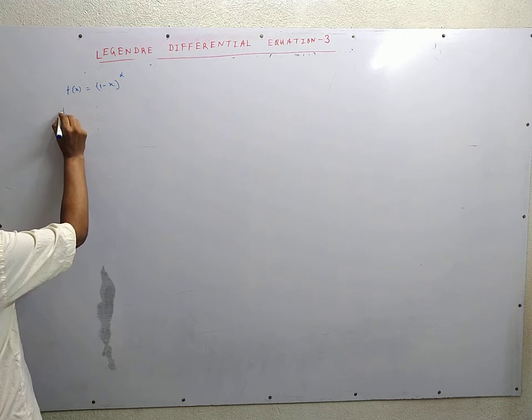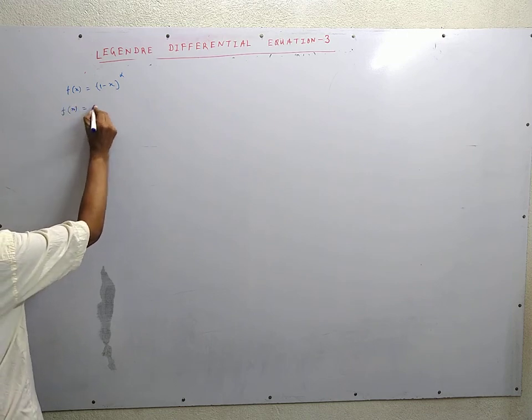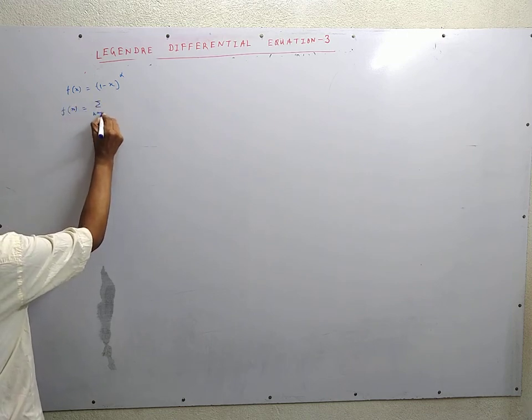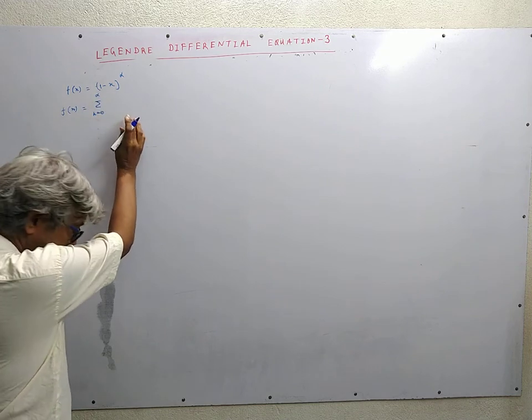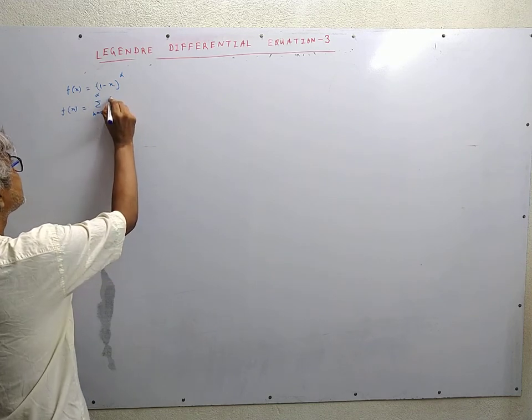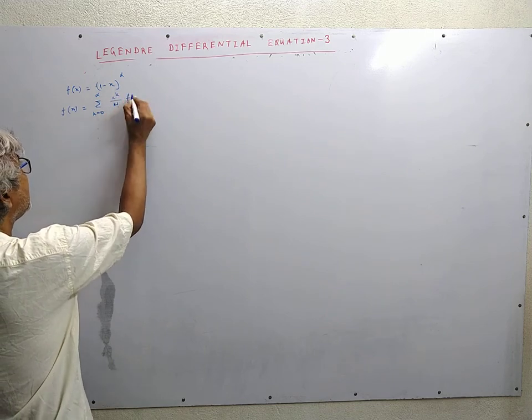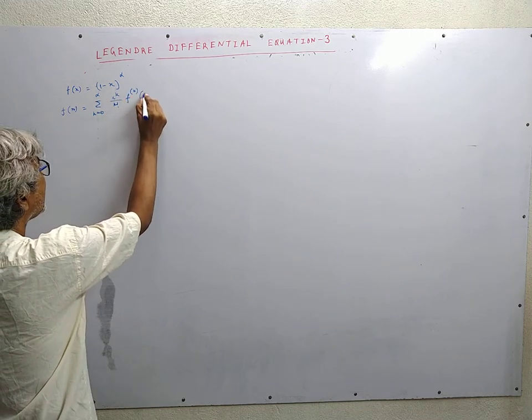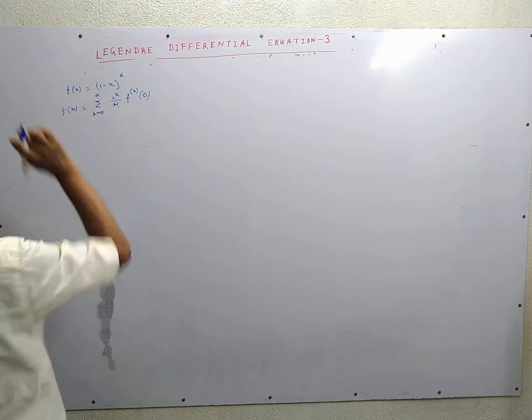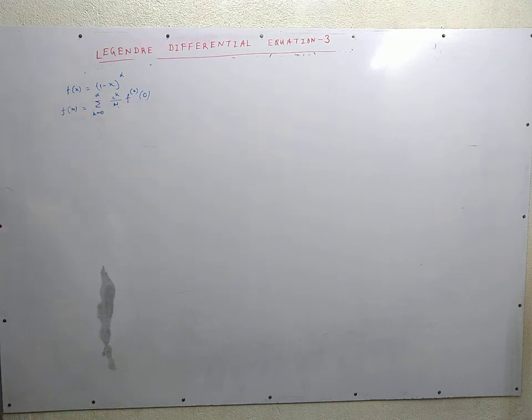In the Maclaurin series, the function is given as summation over k equal to 0 to infinity of x to the power k over factorial k times f^(k) at 0, where f^(k) is the kth derivative of the function evaluated at x equal to 0.